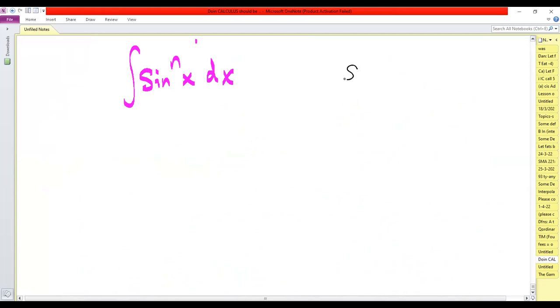So note that when we write sine power n x, it is the same thing as writing sine x power n. That's what this statement means.